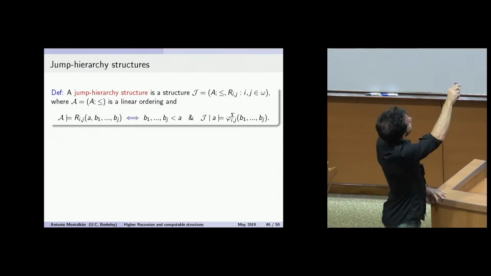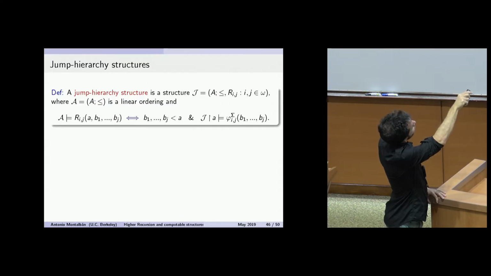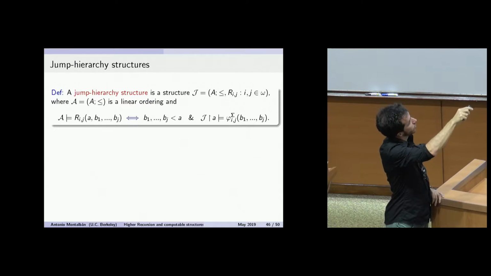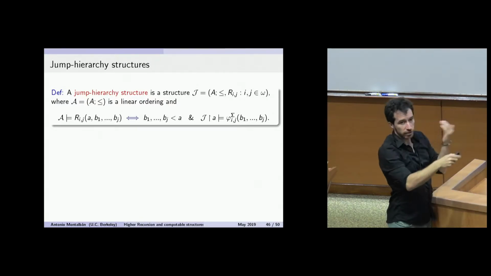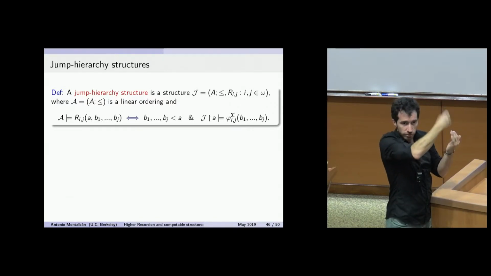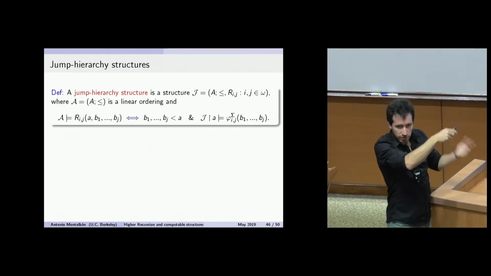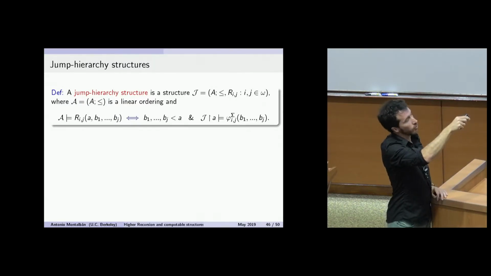And the idea is that this relation is going to be true of A and B1, ..., Bj if B1, ..., Bj are below A, so they belong to the ordering below A. And if you look at the ordering below A with all these relations, then Rij is mimicking the ith sigma 1 formula of arity j.